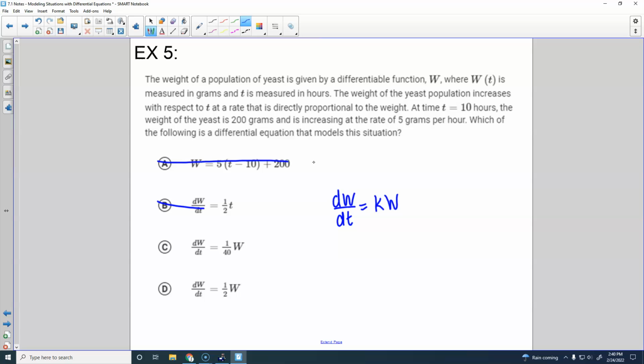And so just like the other one we were doing a minute ago that gave us information, if we have 200 grams, the rate is 5. So just plug in 200 right here, and 200 divided by 40 is 5. But if we plug in 200 here, a half times 200 would give us 100, which is not right. So it's going to be C.